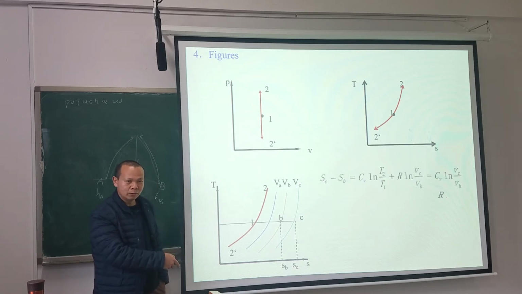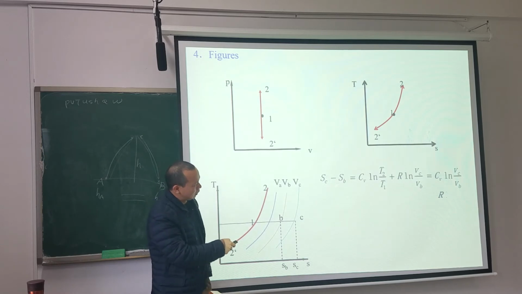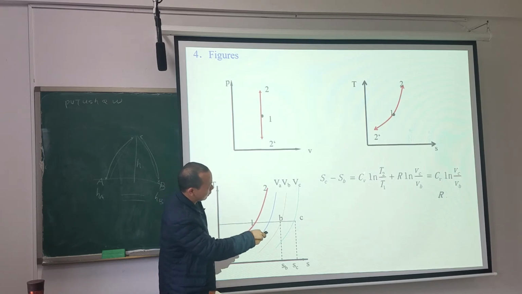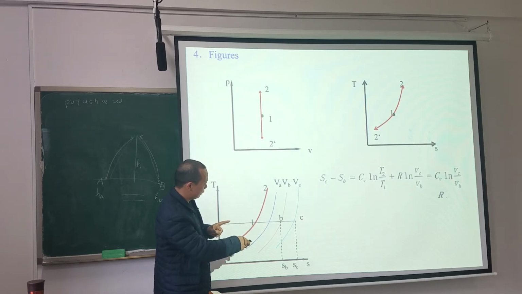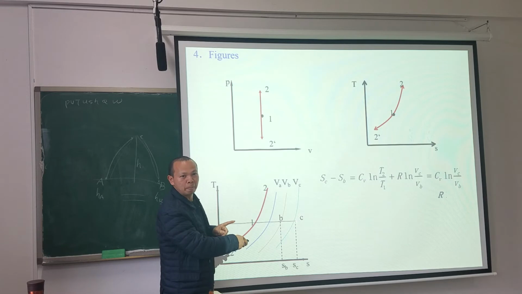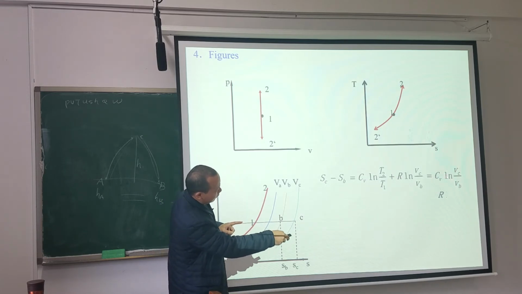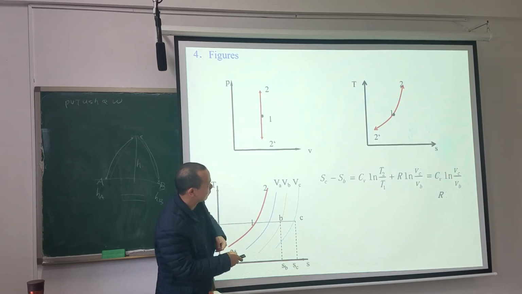If we put this equation here, and now we have found CV here, this part is equal to 0, because T1 is equal to T2. Here TC is equal to TB. So it's equal to 0.